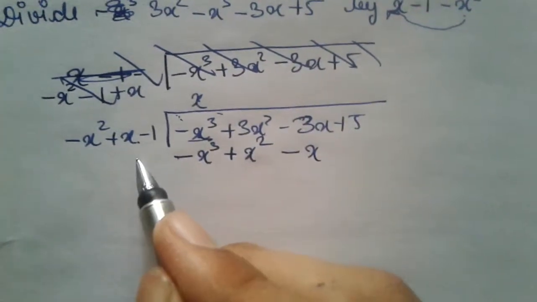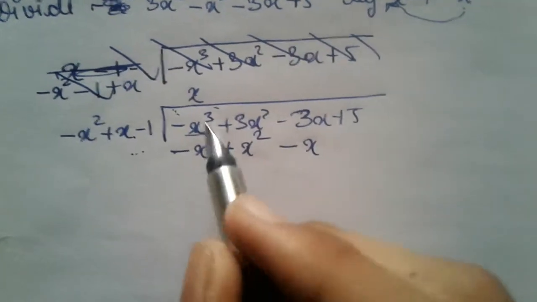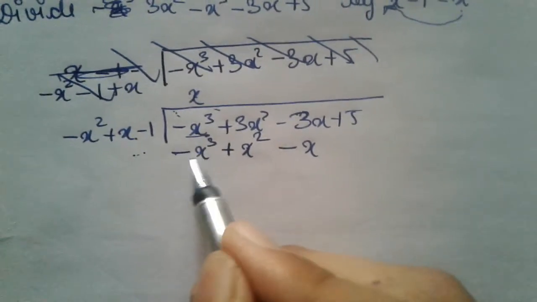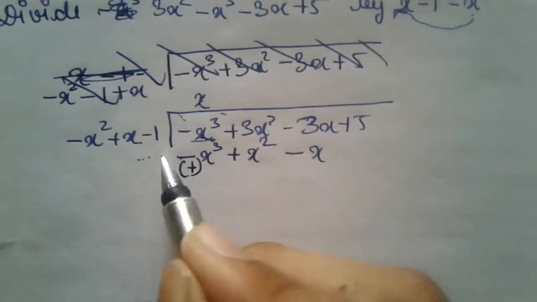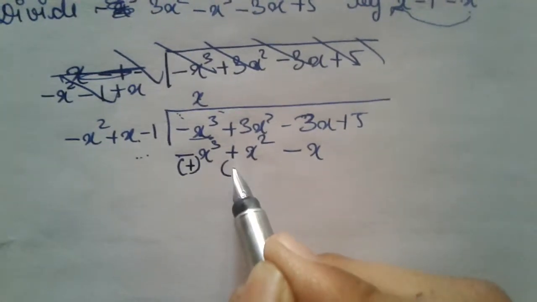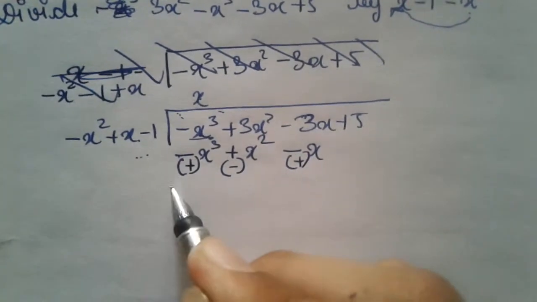Now we know that during division there's a minus sign which is hidden actually over here. Therefore we have to keep changing the signs, so we'll write the signs under it. So minus into minus becomes plus, minus into plus becomes minus, minus into minus becomes plus again.